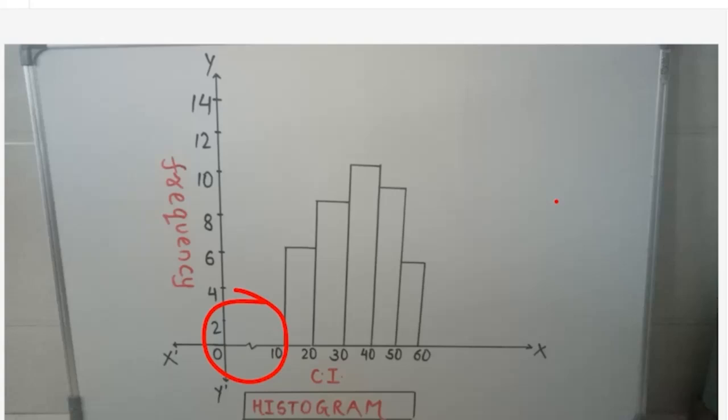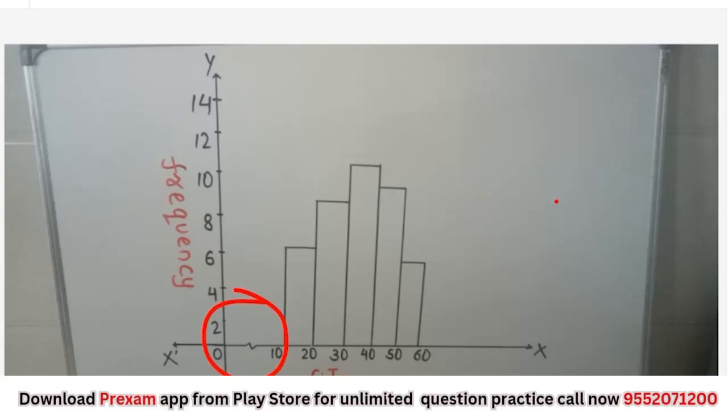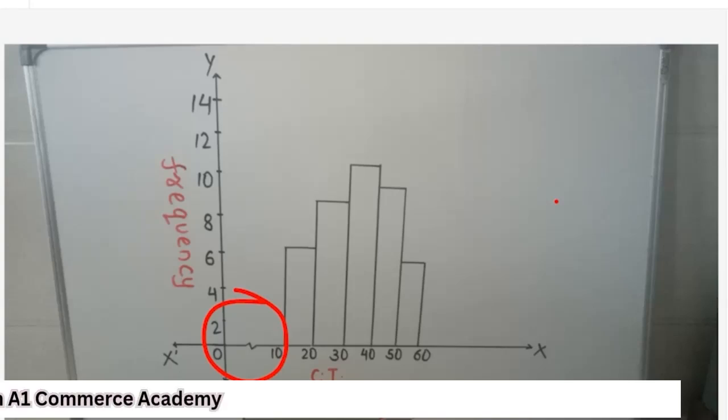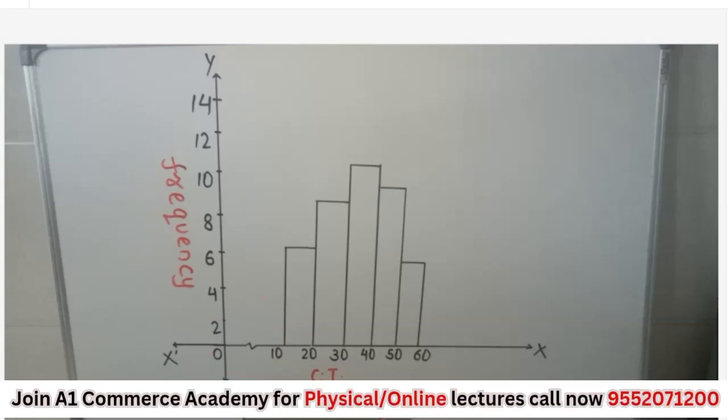Correct, it is called a kink sign, a kink mark, and we use this kink sign in order to show that the class intervals are continuous.